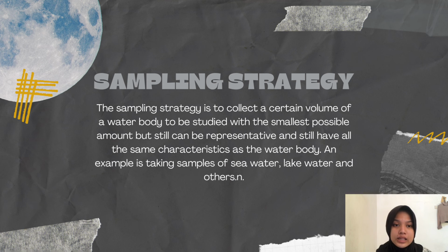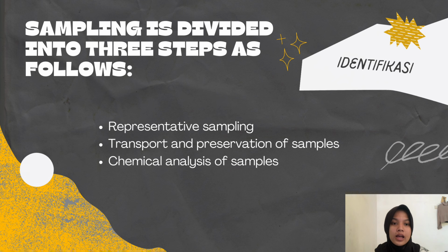This strategy is very important because when the sample is taken and has been used, the volume must remain the same so that it can be called valid data. Sampling is divided into three steps as follows.